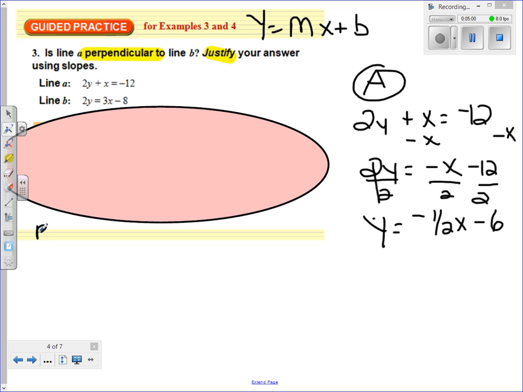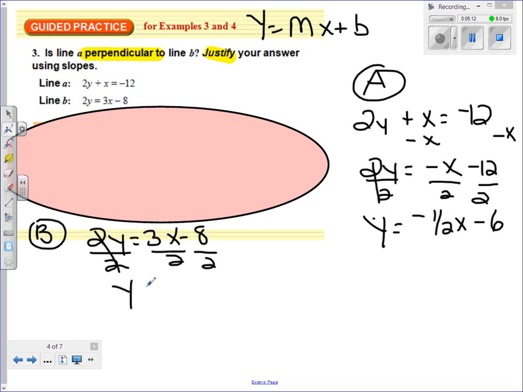So now I need to look at line B. I have 2y equals 3x minus 8. Have to divide everything by 2. These cancel, so I end up with y equals 3 halves x minus 4. Negative 8 divided by 2 is negative 4. So are they perpendicular? If I look at my slope here and my slope here, are they negative reciprocals of each other?